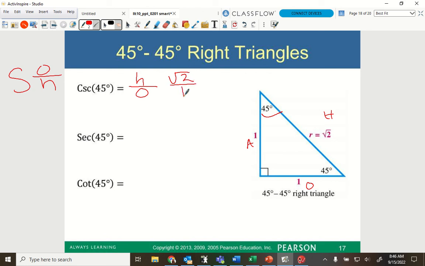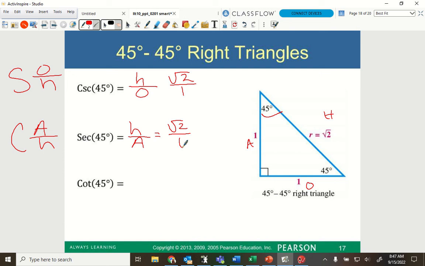Secant is the reciprocal of cosine, so I flip that over, so that's hypotenuse over adjacent. The hypotenuse is rad 2, and the adjacent here is 1.